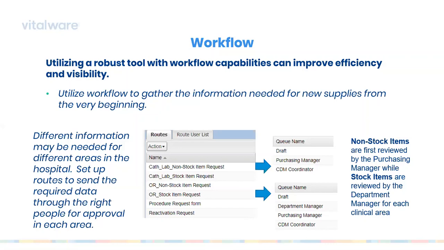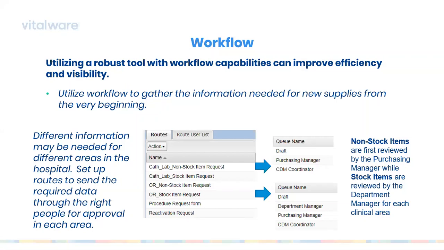In this case, we have some separate routes for non-stock items versus stock items. And the difference really is that the non-stock items are not going to need quite as much review, whereas the stock items we're going to send from the original requester through the department manager, and then the purchasing manager, and then the CDM coordinator to make sure it's added to the charge master properly.